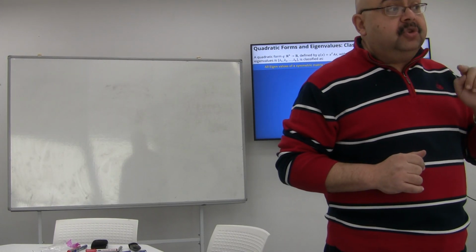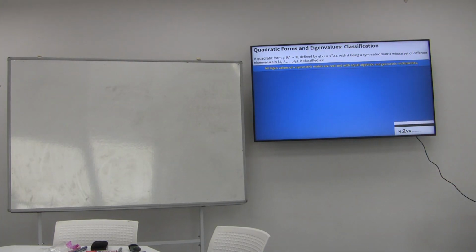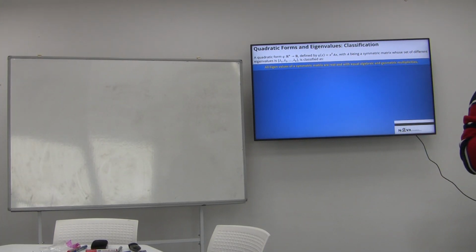Relative to each eigenvalue, there is what's called an eigenvector. Depending on the degrees of freedom of this eigenvector, we will get the geometric multiplicity. If both of them are equal to each other, so the number of repetitions equals the number of free variables in the eigenspace related to this eigenvalue, then they will be equal.